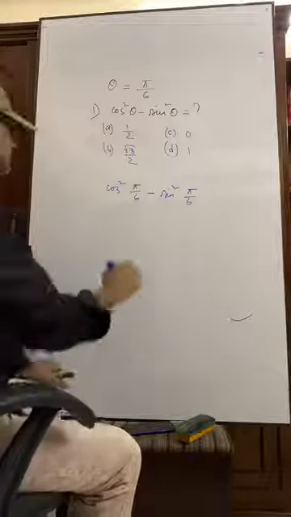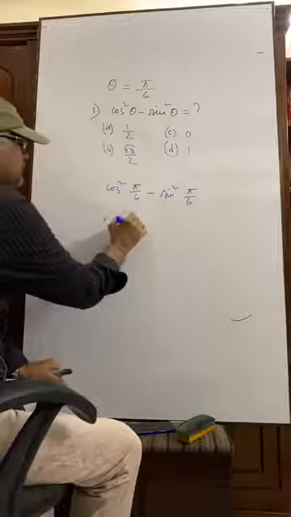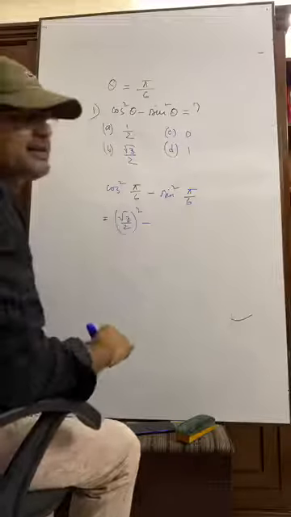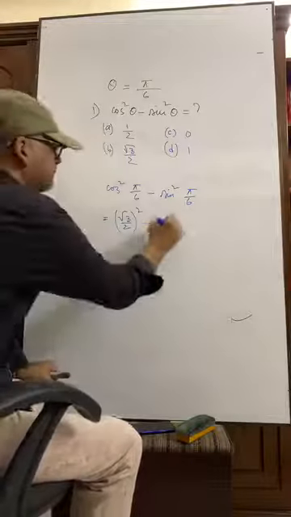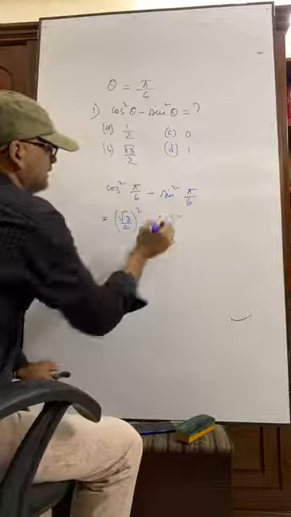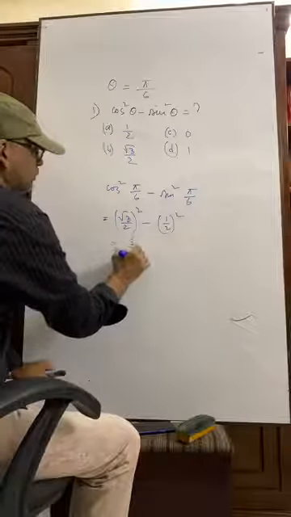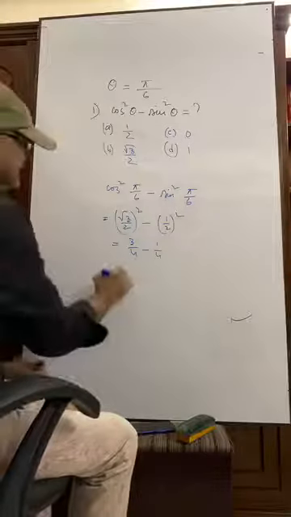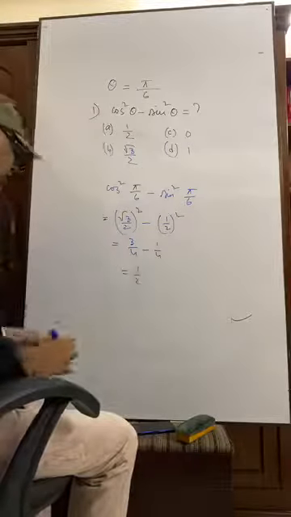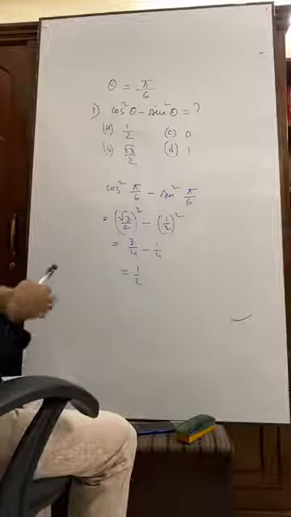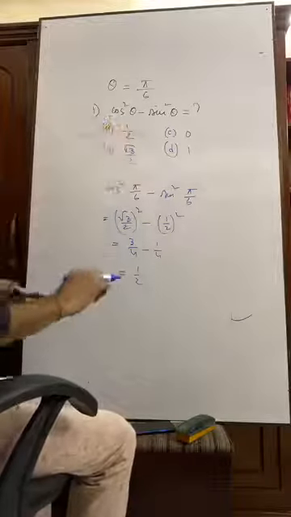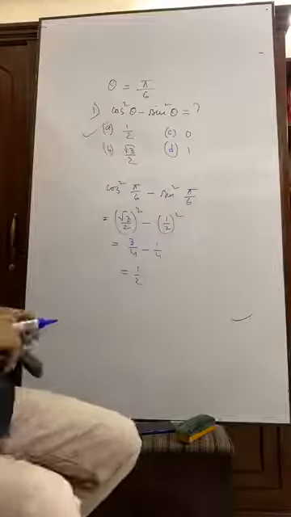Cos 30 means root 3 by 2 whole square. Sin 30 means half, then half whole square. That is 3 by 4 minus 1 by 4. If we calculate, we will get half. So our answer is half. Option A, answer is half.